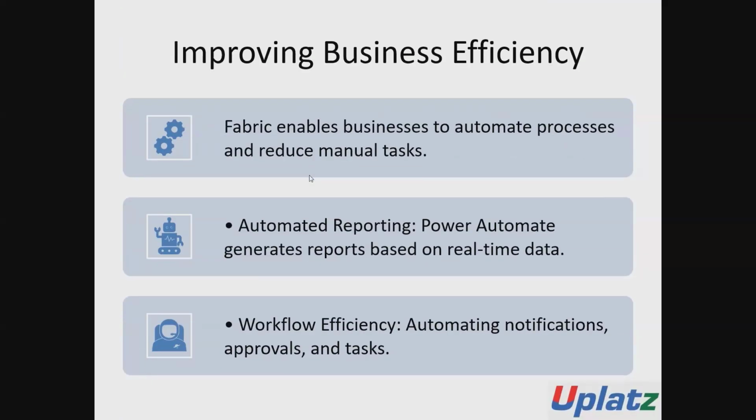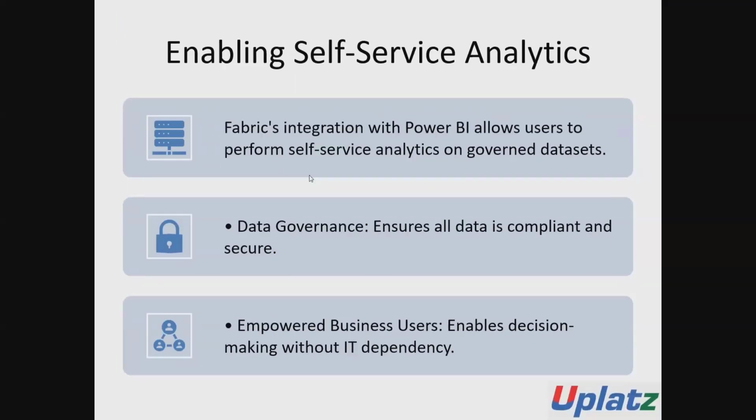You can see that it also improves business efficiency, where Fabric enables businesses to automate processes and reduce manual tasks. It also has the option to automate reporting, where Power Automate generates reports based on real-time data. And we have workflow efficiency as well, where it automates notifications, approvals, and tasks.